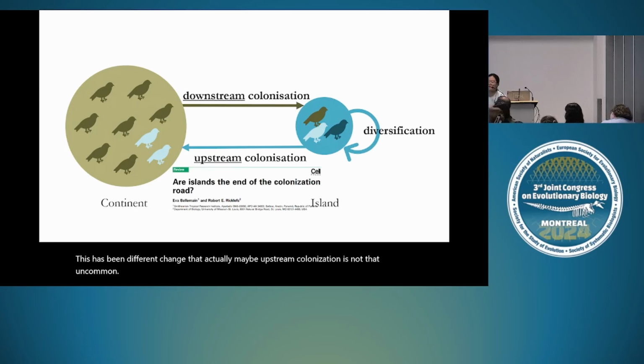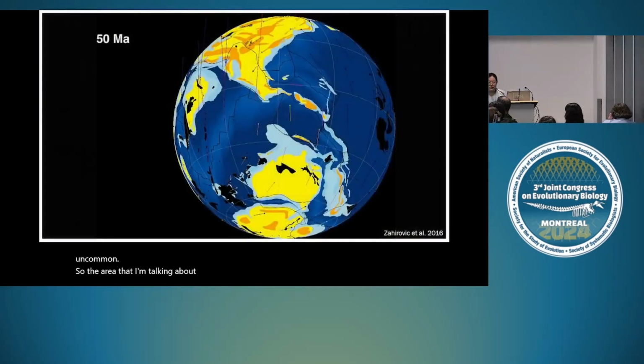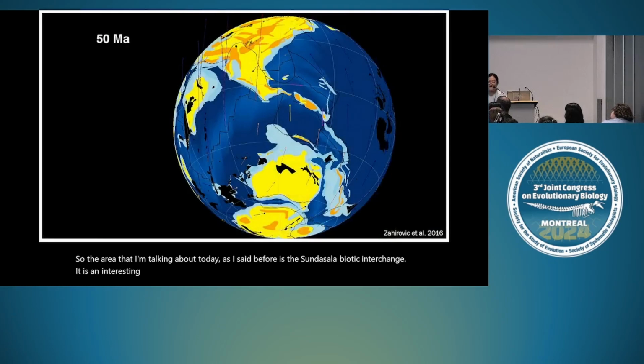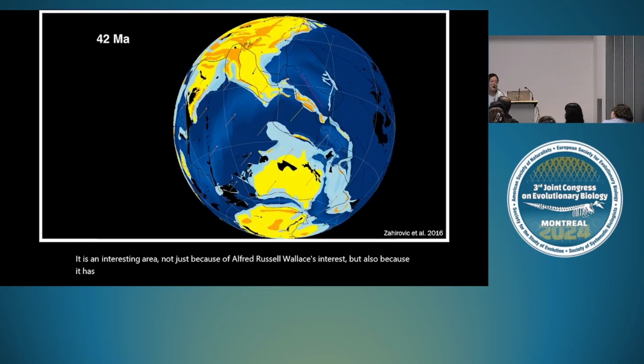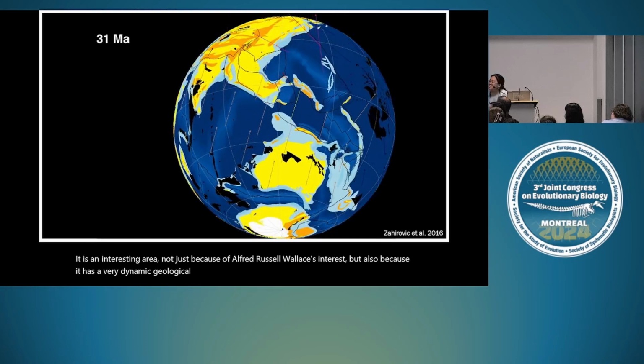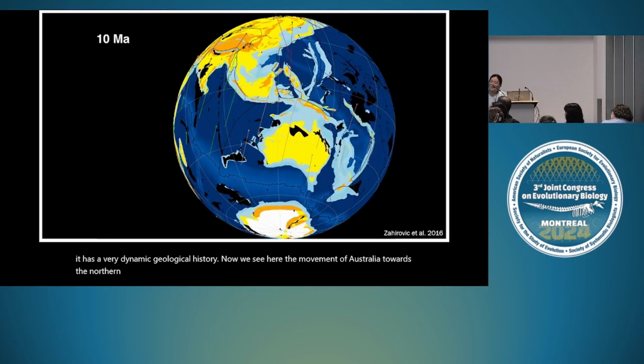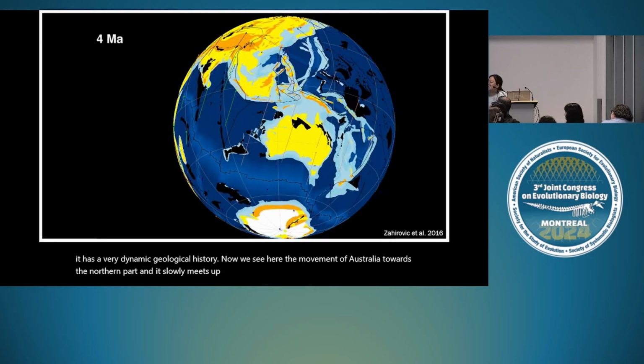So the area that I'm talking about today, as I said before, is the Sunda-Sahul Biotic Interchange. It is an interesting area, not just because of Alfred Russel Wallace's interests, but also because it has a very dynamic geological history. Now we see here the movement of Australia towards the north, and it slowly meets up with the Southeast Asian area.